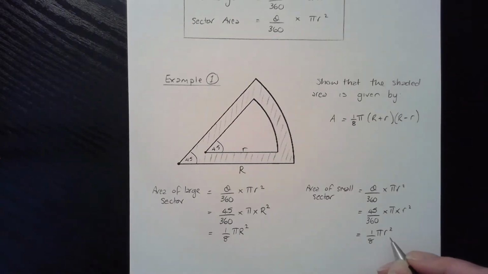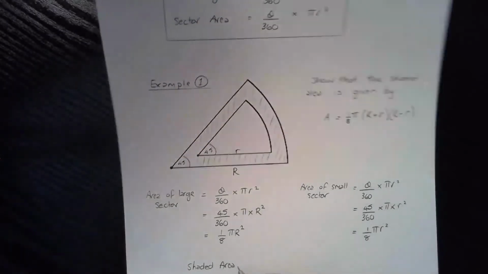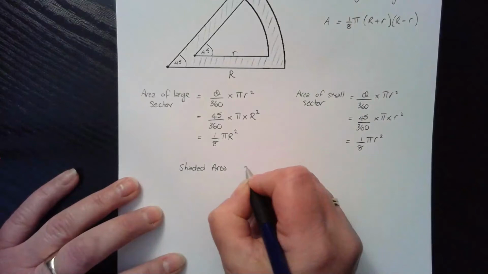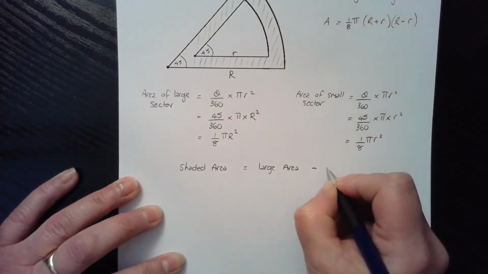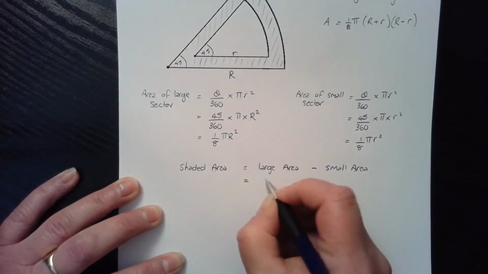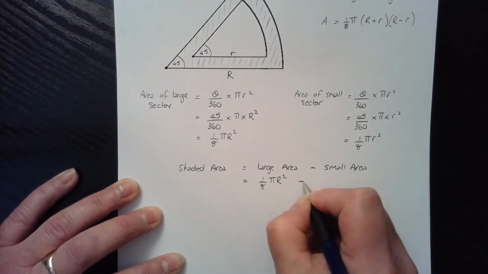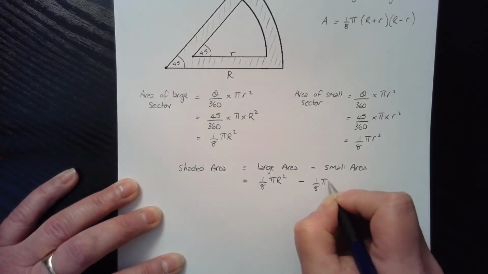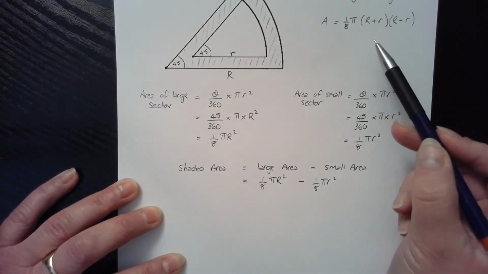Now then, the shaded area is going to be equal to the large area take away the small area. Which in this case is 1/8 pi big R squared subtract 1/8 pi little r squared, which at the minute doesn't look very much like what it needs to be.